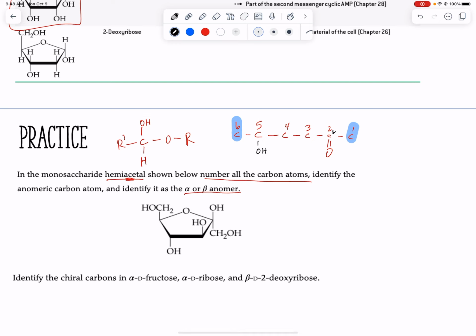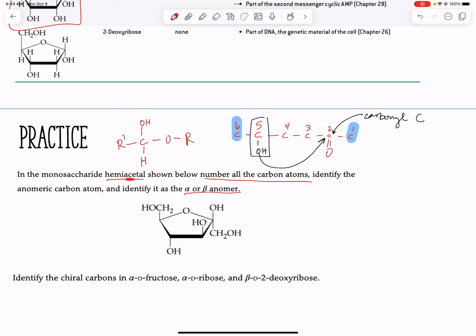Here is our carbonyl carbon, and the last chiral carbon is carbon 5. The OH on carbon 5 is what will be used to close the ring, so we're closing it with a bond between this O and that carbon. That means carbon 1 and carbon 6 will be excluded when we close the ring. That's important when you number this. Wanted to take a second and acknowledge that.